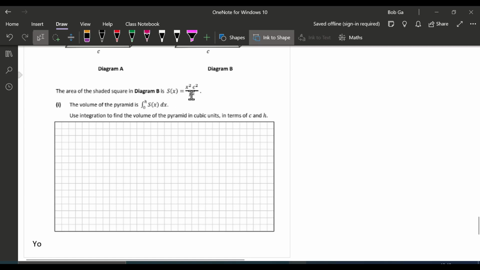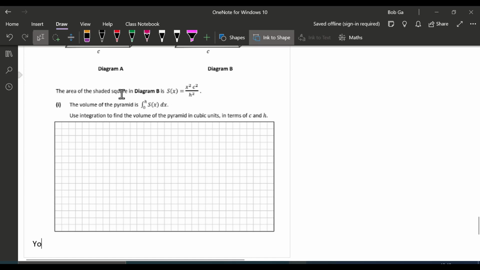The task we have to perform here is to integrate this function, from where x is equal to 0 up to where x is equal to h, and then find the volume of the pyramid.